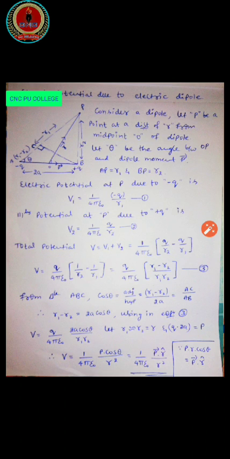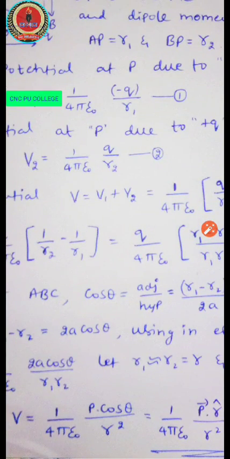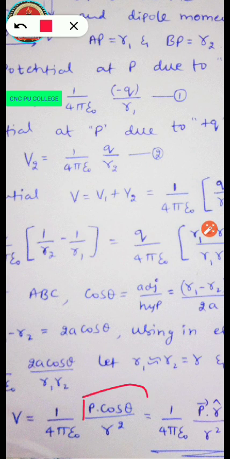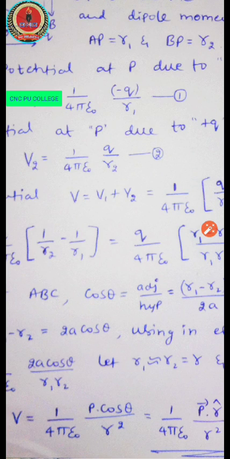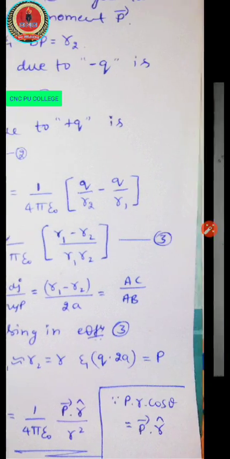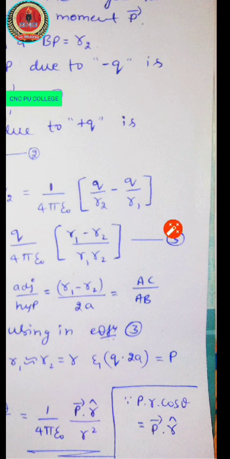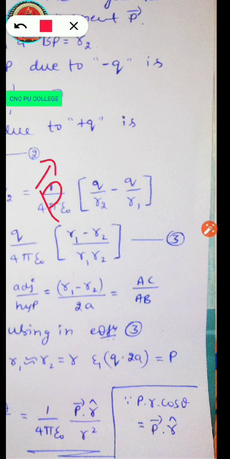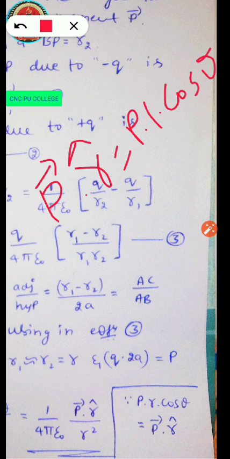So the equation reduces to V is equals to 1 by 4 pi epsilon naught, p cos theta by r squared. Observe the numerator term p cos theta. Here we are considering the dot product formula, that is vector p dot vector r cap, where r cap is a unit vector. It can be written as magnitude of p into magnitude of r cap, which is 1, into cos theta.